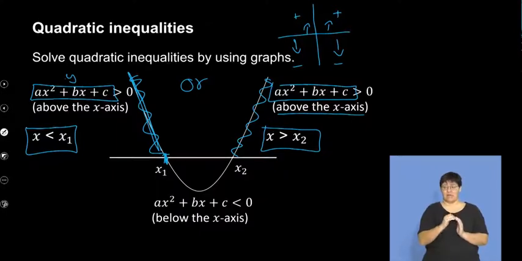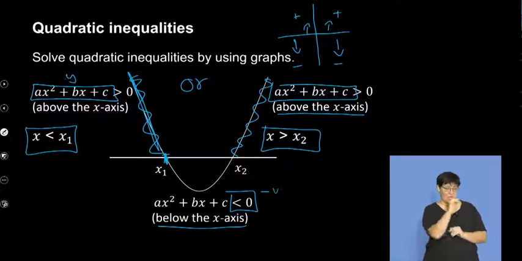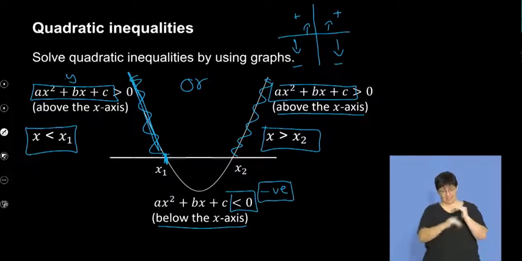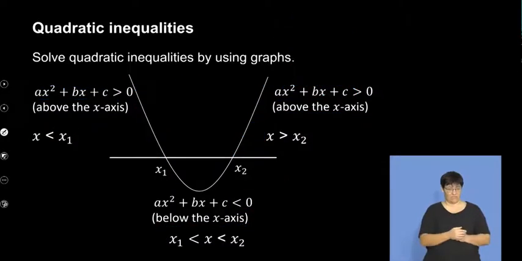But as soon as it becomes below the x-axis, this less than 0 means that it is negative, right? Remember that. Less than 0 means negative according to the number line. So my solution there will be the one where I use an "and" now. I don't use an "or".